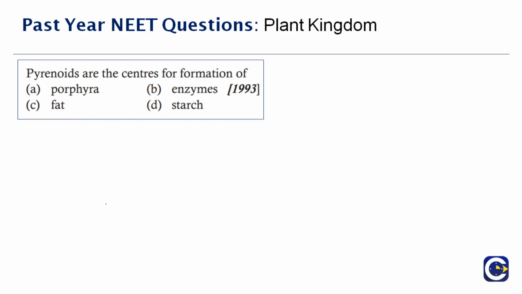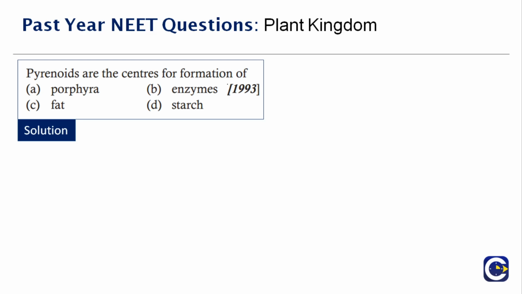Pyrenoids are a center for formation of dash. So this question was again asked in the year 1993. Okay, before we go directly into the answer, you should know what pyrenoids are. See, pyrenoids are the centers of carbon dioxide fixation. Apart from that, they are also found in liverworts and hornworts, present within the chloroplast of algae.